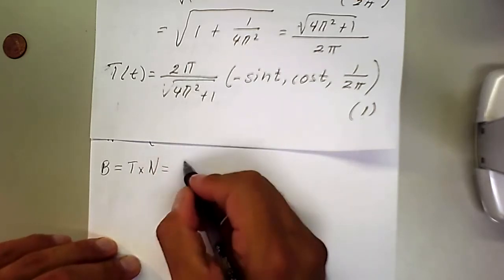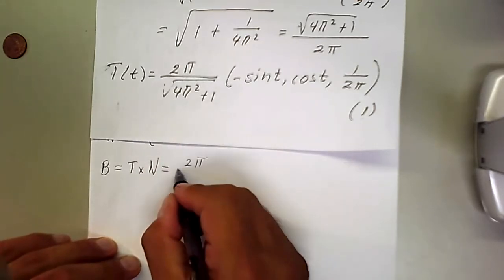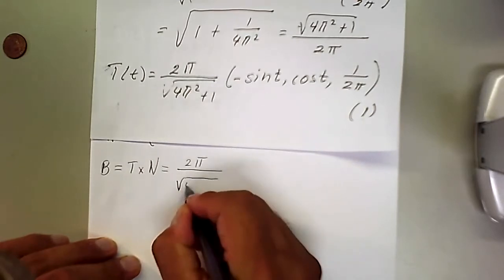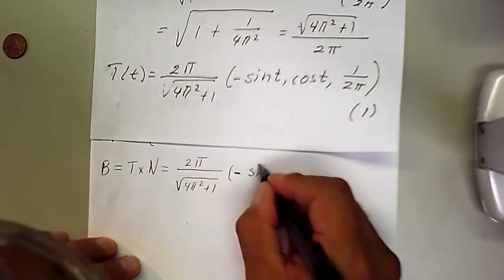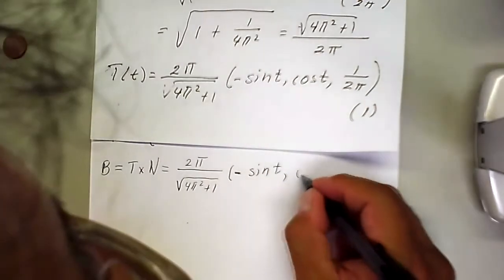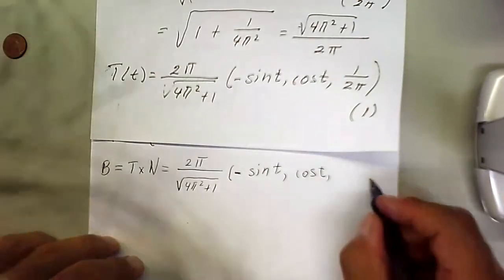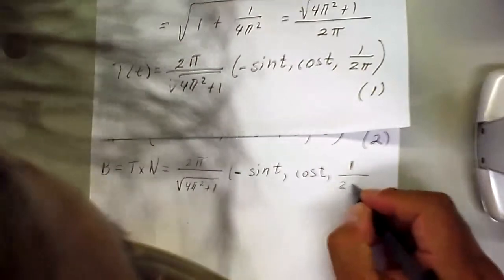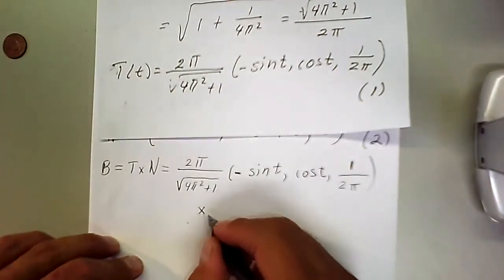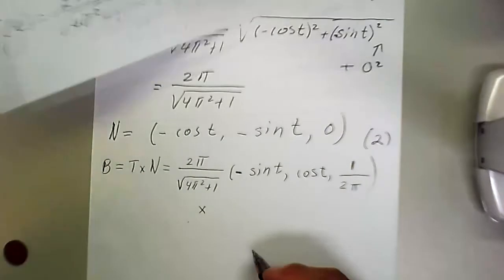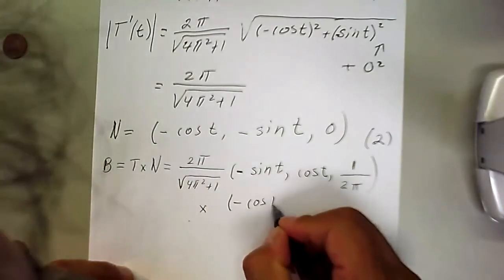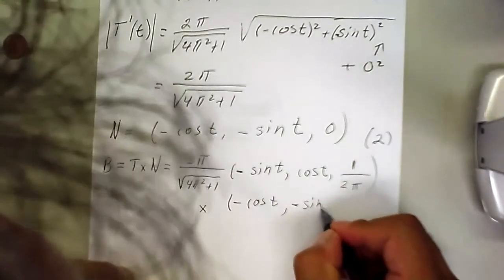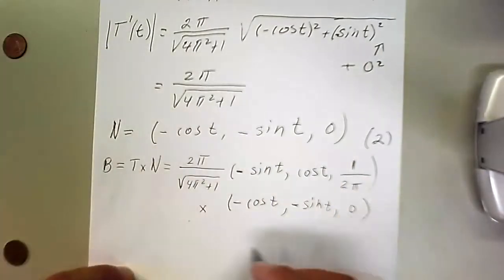The tangent vector is this one, 2 pi divided by the square root of 4 pi squared plus 1, multiplied with negative sine t, cosine t, and 1 over 2 pi. And then we're going to cross that vector with the normal vector, which we just found up here, negative cosine of t, negative sine t, and 0.